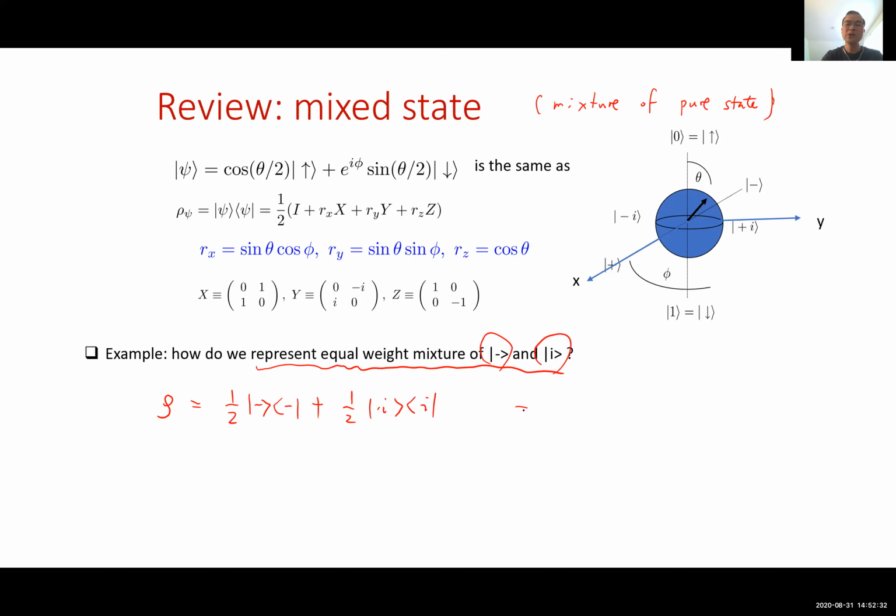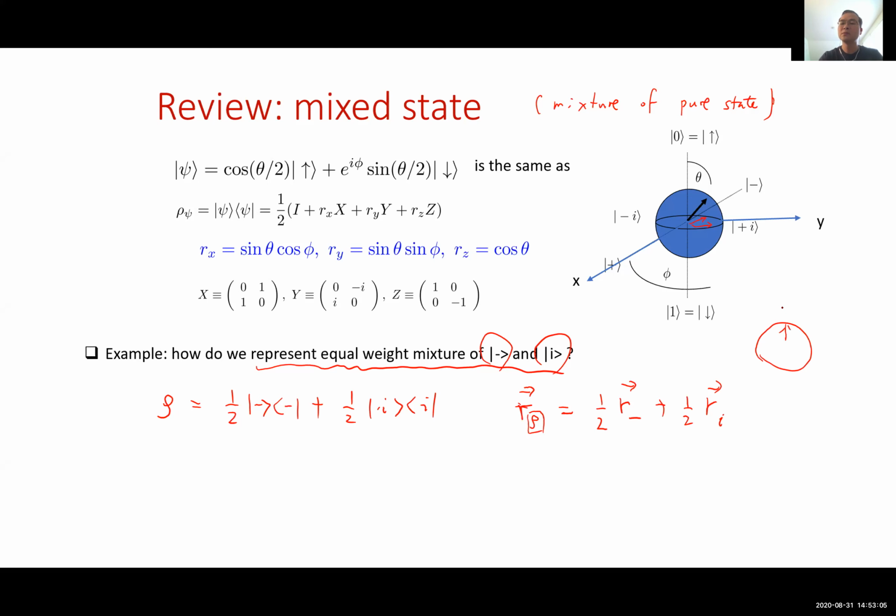And what this means, in terms of vector, this vector of rho, I just use subscript to represent, I'm representing rho as really just 1/2 of the vector for the minus and adding the vector for the I. It's really just taking on the sphere the minus vector and the I vector in terms of the projection.